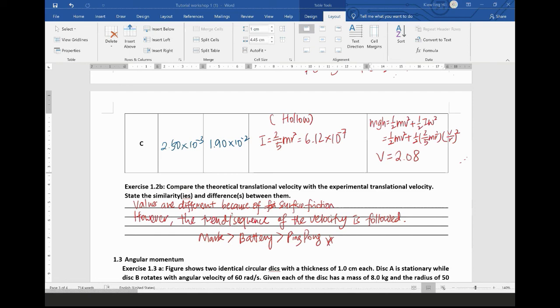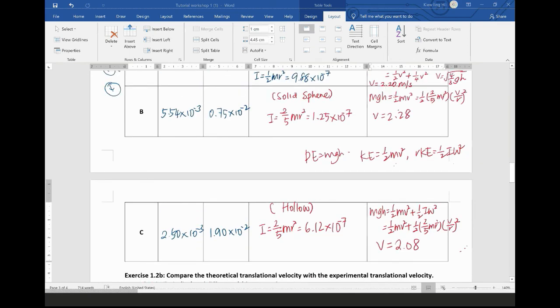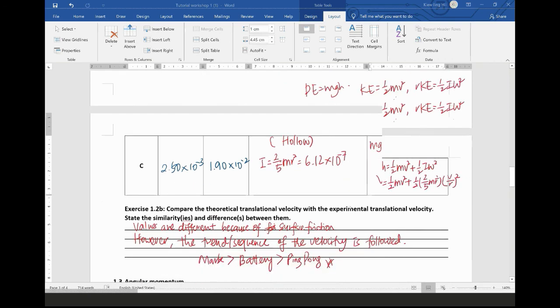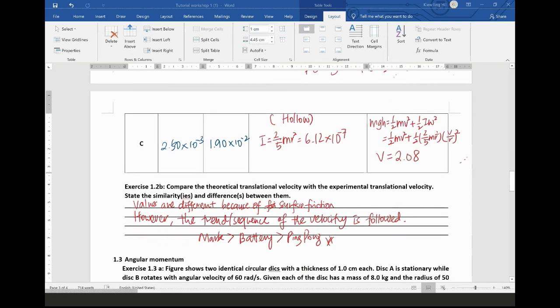Okay, so you can write down. You can double check your answer with mine here. I will upload the solution later also. The conclusion you can draw from here is that the value is definitely much bigger because of the surface friction, but the trend and the sequence of the velocity here is the same.